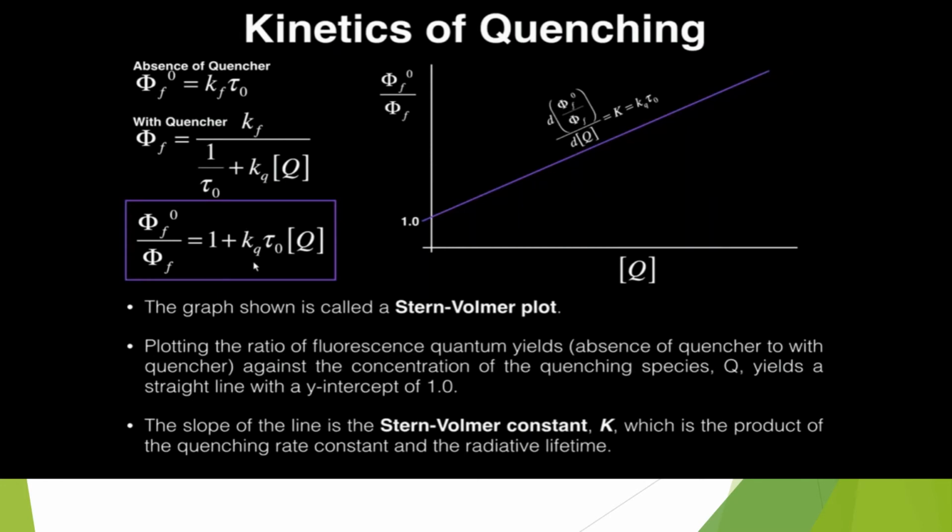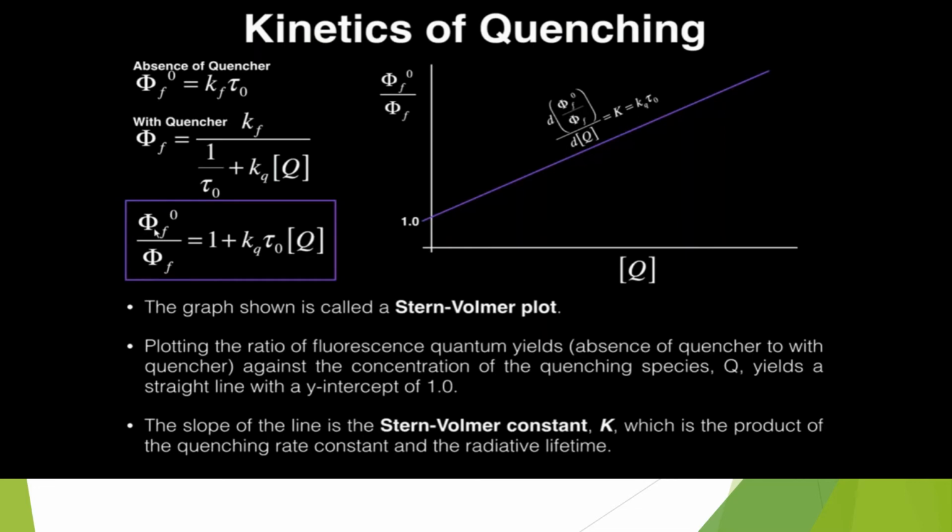This rate constant is also a constant, so we've got the concentration of the quencher, which is a variable, times two constants. So if we know this ratio, we have y equals some number plus a number times the other variable.